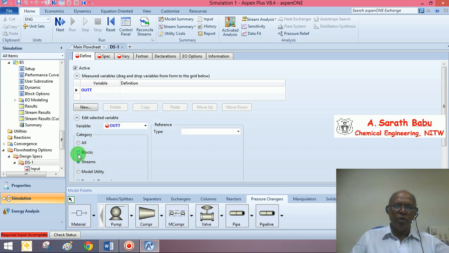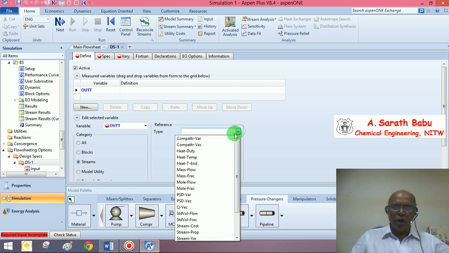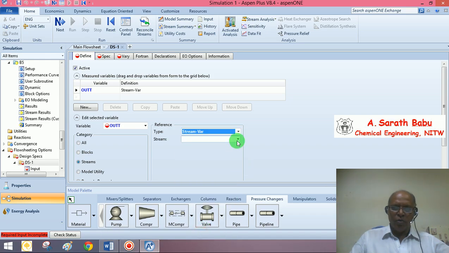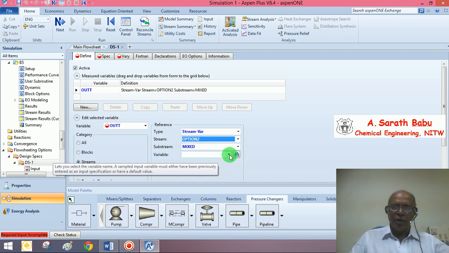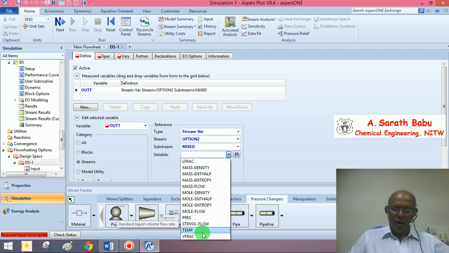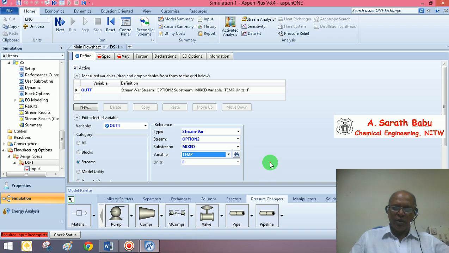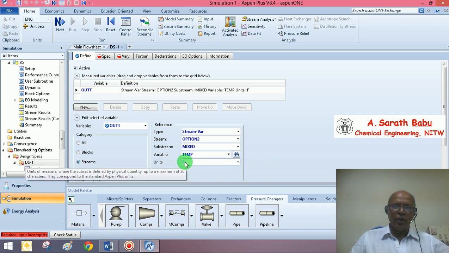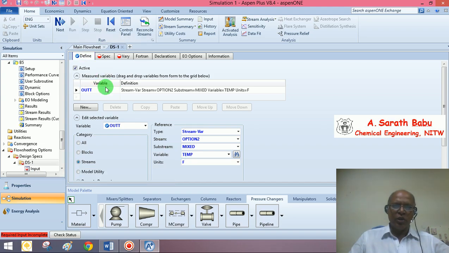It's a stream variable. The stream is option 2, the exit temperature from the option 2 stream, and the variable is temperature. Once again, be careful about the units. We are following a consistent unit system, the English unit system. Now we have defined the variable, that is the measured variable.